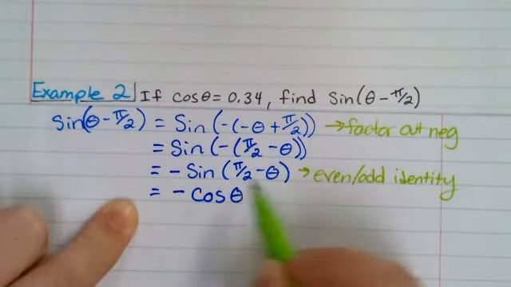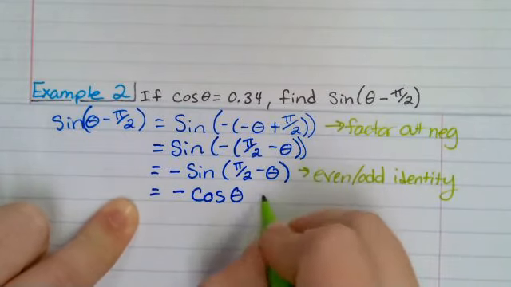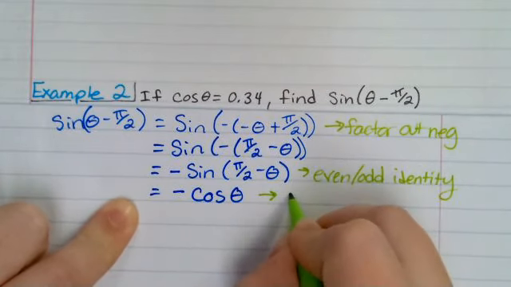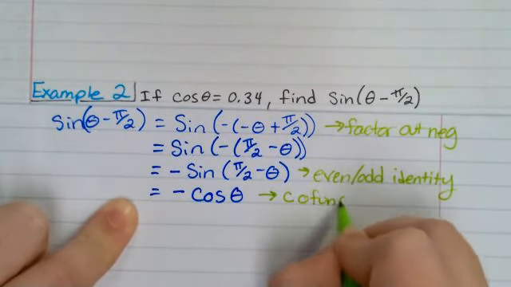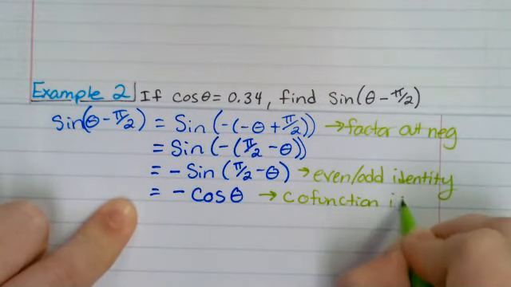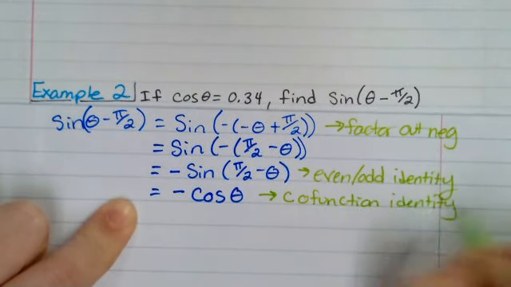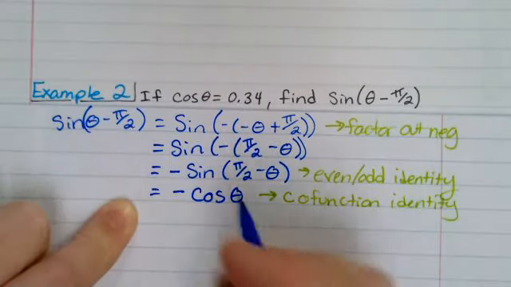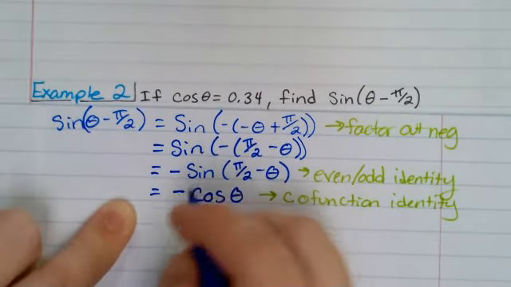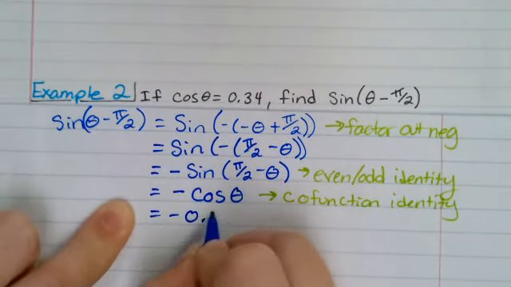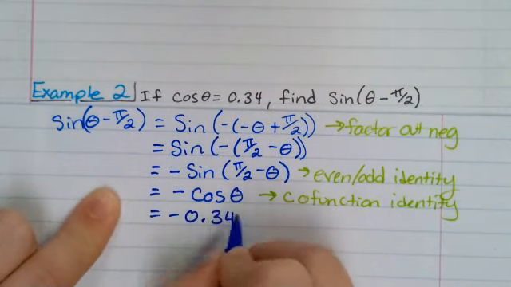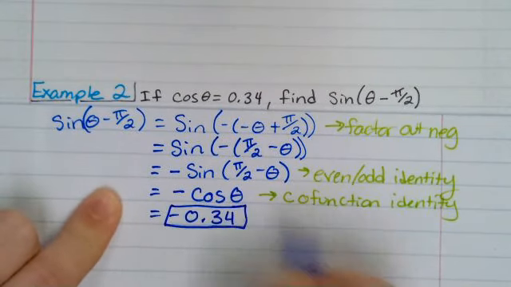We changed this sine of pi over 2 minus theta into cosine because of your cofunction identity. And if cosine is 0.34, then this is negative 0.34 by using substitution.